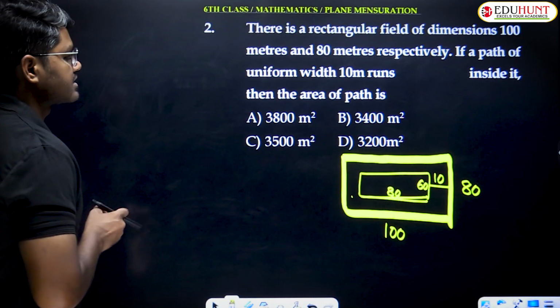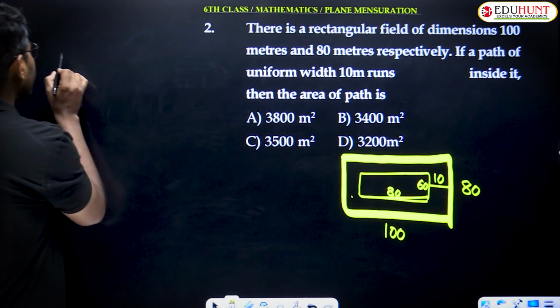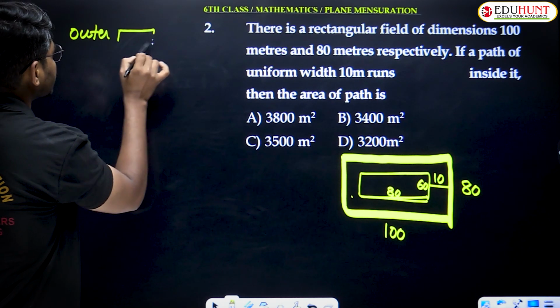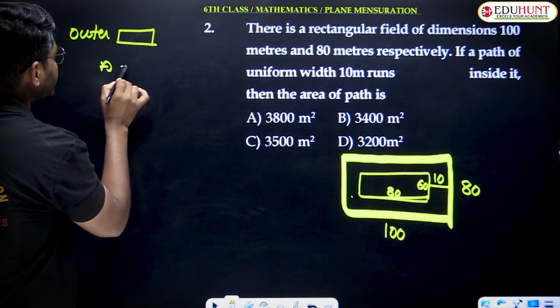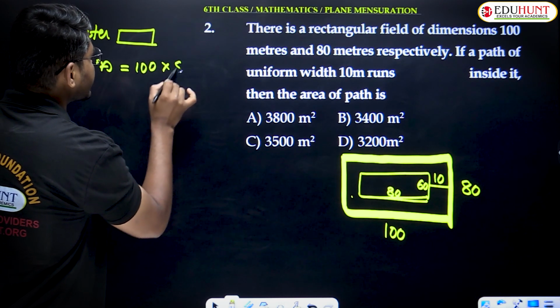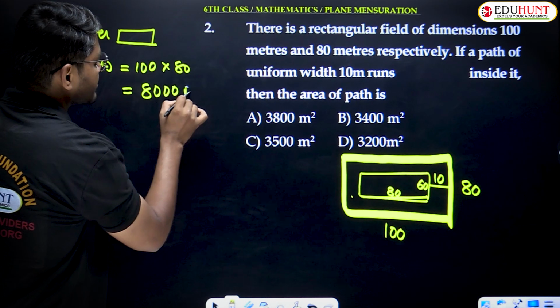Okay, right. Then the area of the path. Area of the path means area of outer rectangle. Area is equal to L into B. So that means 100 into 80 equivalent to 8000 meters square.